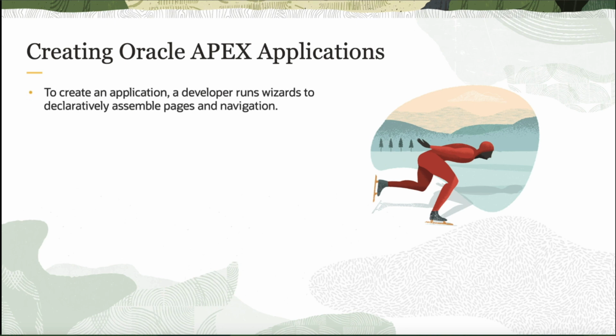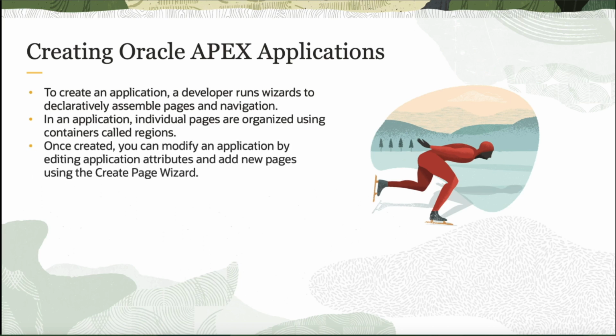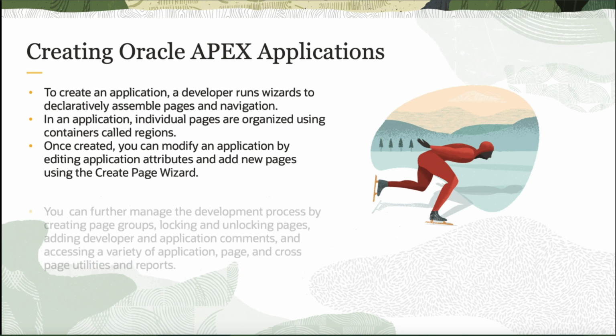To create an application, a developer runs wizards to declaratively assemble pages and navigation. In an application, individual pages are organized using containers called regions. Once created, you can modify an application by editing application attributes and add new pages using the Create Page wizard.